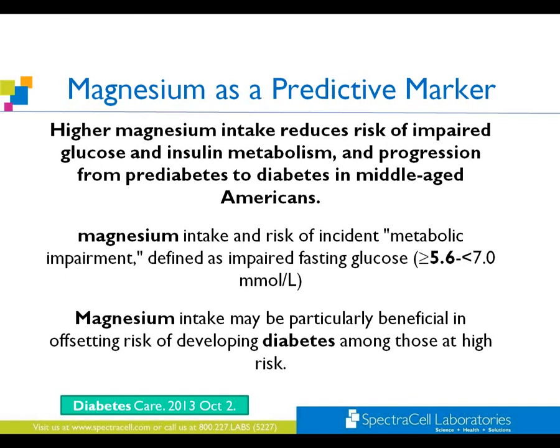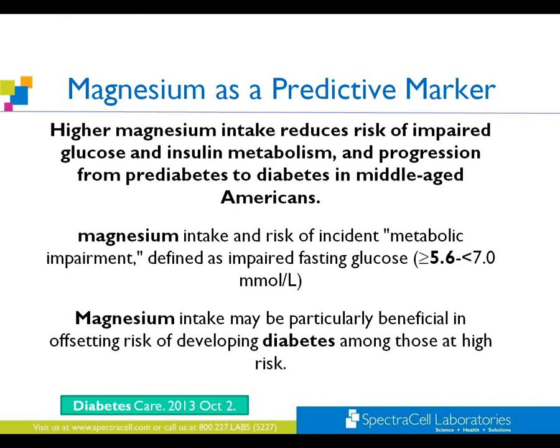Now, something that is not stated in these slides and an additional mechanism that you can think about for magnesium as well is that the telomeres, which SpectraCell also tests, those caps on the chromosomes, our genetic material, the shorter those telomeres become, the worse the glycemic control is.